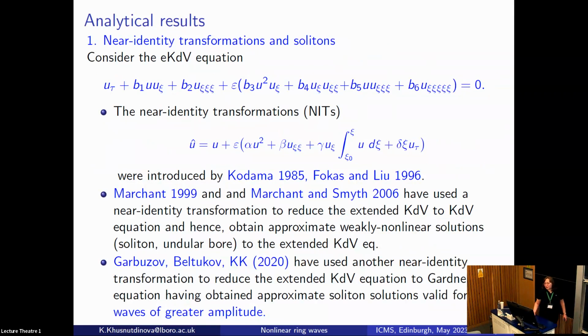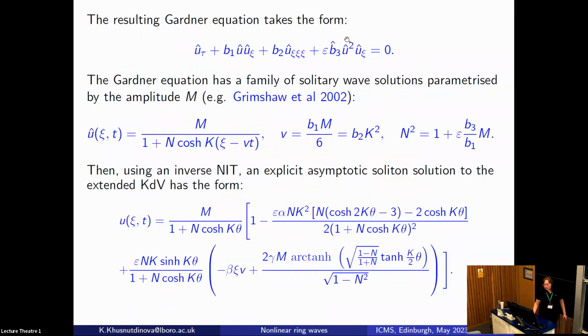By the way, notice that this is not the Gardner which is obtained from the extended KdV by simply dropping these terms and retaining the cubic nonlinearity term. The coefficient changes, okay? The coefficient is different here. So then Gardner has a known family of soliton solutions. So we take this family of soliton solutions and apply the inverse near-identity transformation, and this gives an explicit solution, somewhat long, but elementary functions.